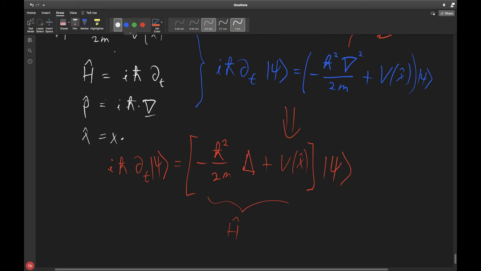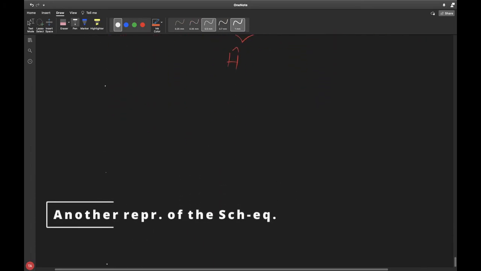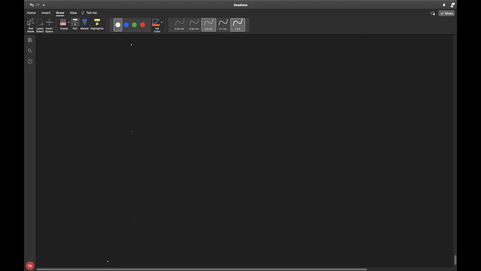Let me also do another representation so that you see that all the abstract stuff earlier was really just abstract, and when we are discussing how to calculate stuff, that could be done in different ways. So 3.3.5 is going to be another representation, another rep of the Schrödinger equation.